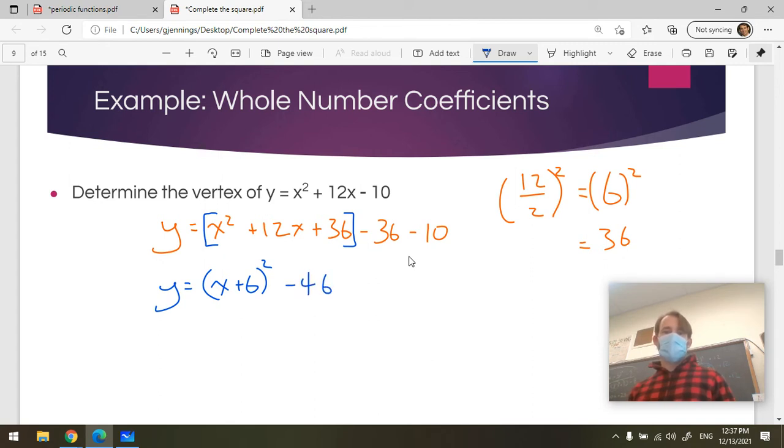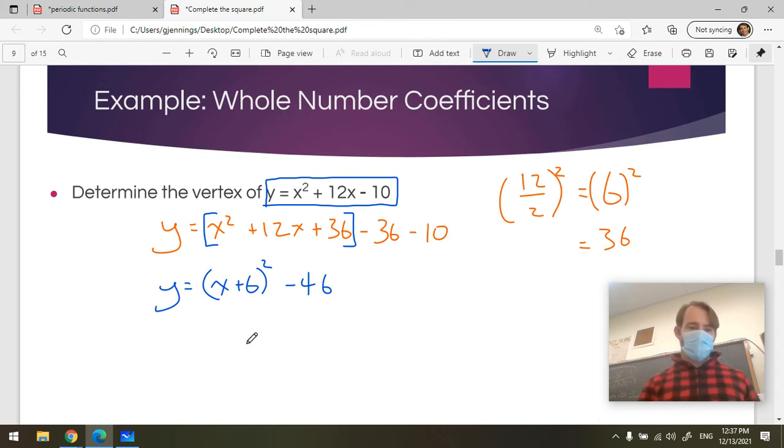So now I know that this parabola has a vertex at the point (-6, -46). Also, this will not factor over the integers because I can't multiply to -10 and add to positive 12.